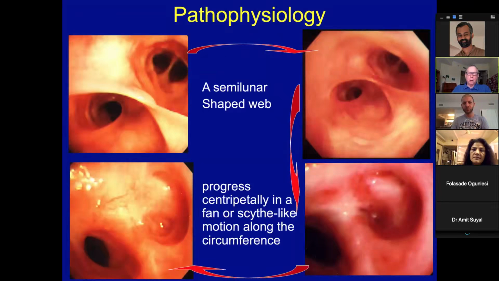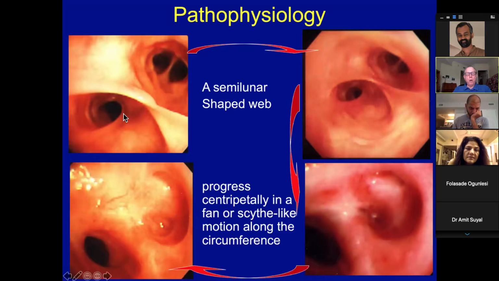He offered us, however, the opportunity to speculate about what the process is in these cases. Now you see here 4 stages of obliteration of the bronchus. This does not represent one single bronchus, but we speculated that we start with this semilunar web. Here is a patent bronchus, here is a bronchus that starts to be obliterated.